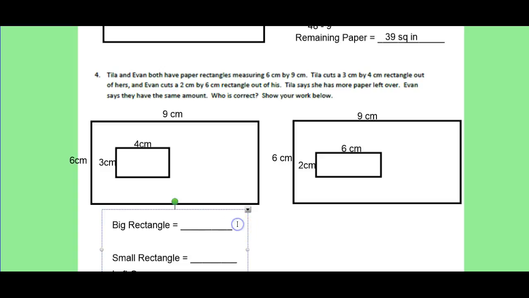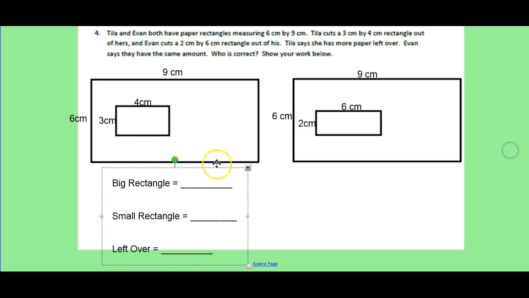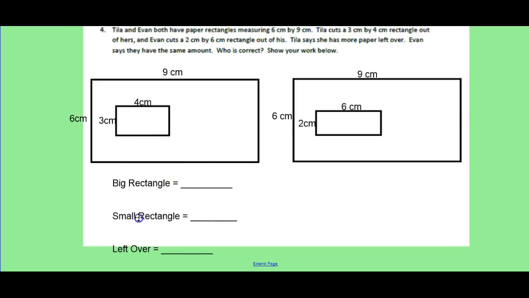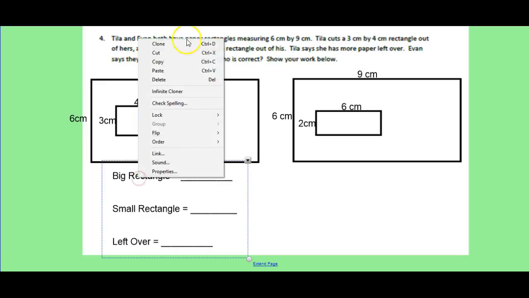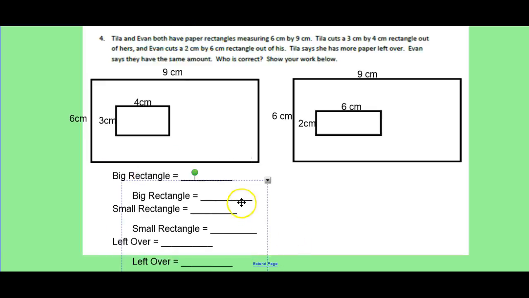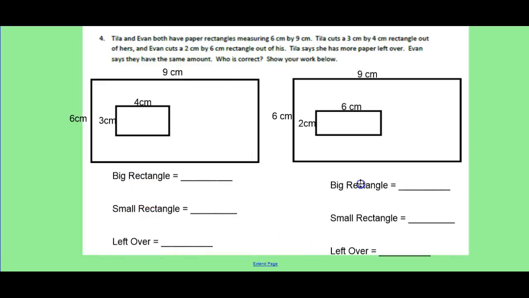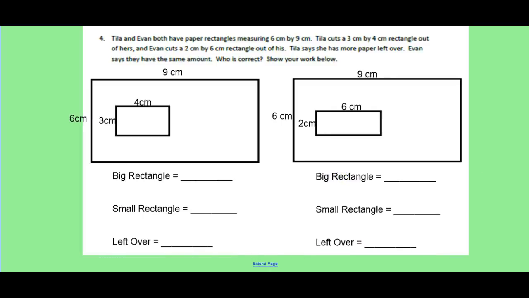And we know in order to find what is left over, we're going to have to take away the small rectangle from the big rectangle's area. So we're going to write that underneath both of these rectangles here. If you need to push pause to get that written down underneath both of them, you can do that now.